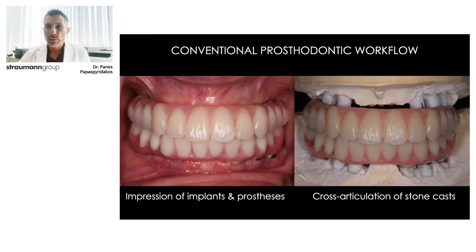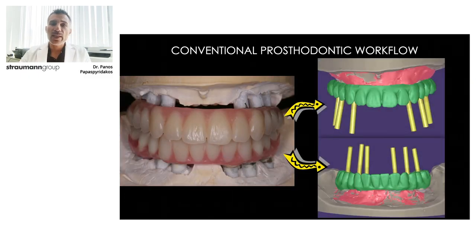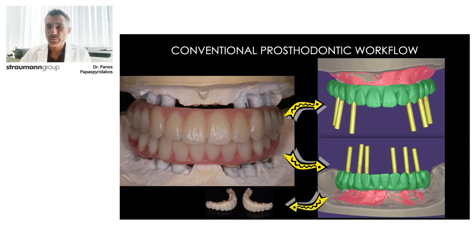Traditional prosthodontic workflow. On the third visit, we will scan the cross-articulated casts, and we will fabricate prototypes. We can mill them or print them, depending on the technology that our laboratory is using.